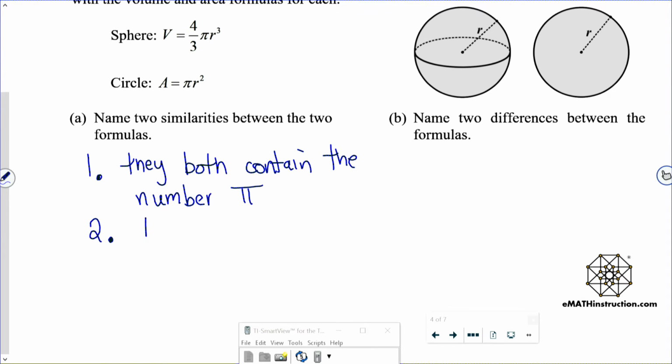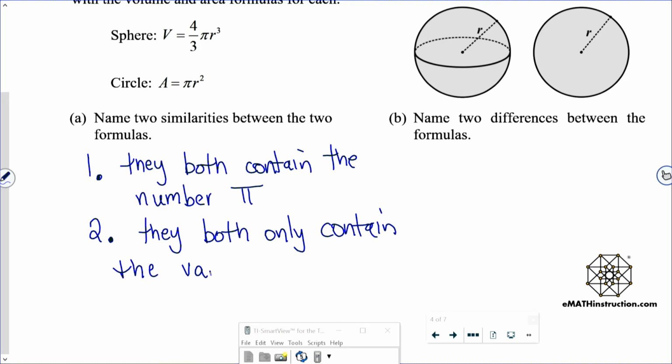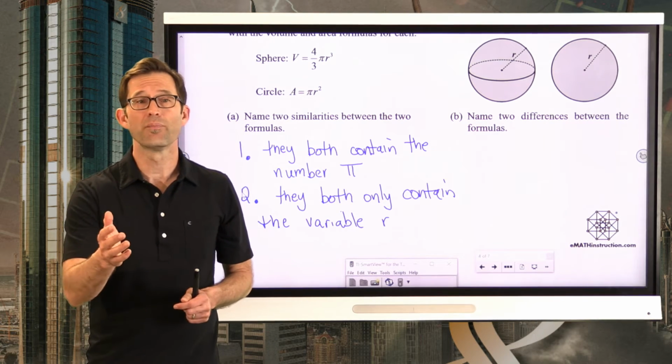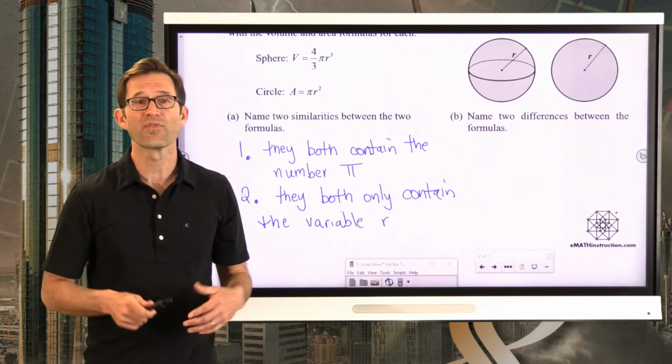And the other thing, they both only contain the variable r. In other words, you've got some formulas, let's say like the formula for the volume of a prism, length times width times height.